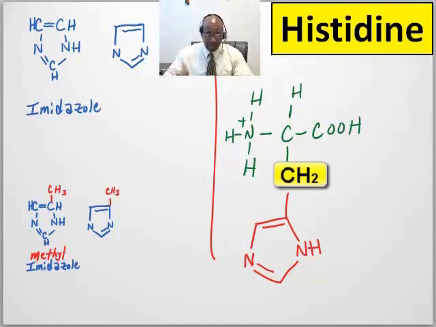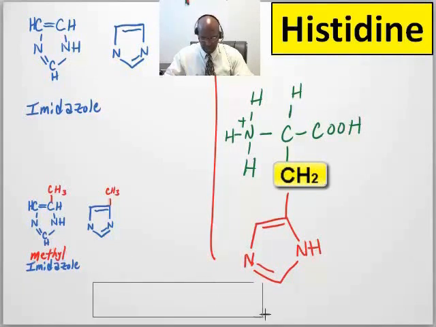Okay, now we have to create some sort of association between histidine and methyl imidazole. And as you can imagine, that's going to be kind of difficult. But I have come up with one. I hope it makes sense to you. Let's see here.